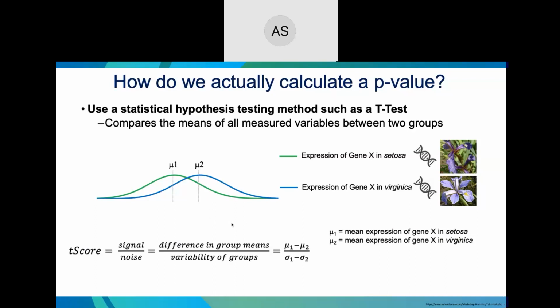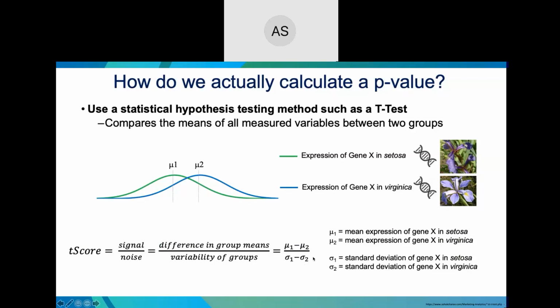And then the t-test calculates what's called a t-score, which generally can be thought of as signal over noise. More mathematically can be thought of as the difference in the group means over the variability of the groups. So there are two means, but we also have just the general variability of the groups.